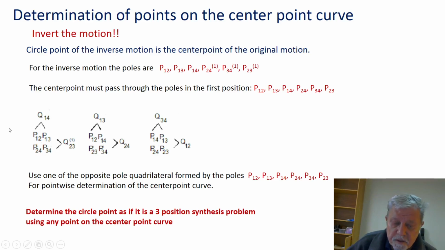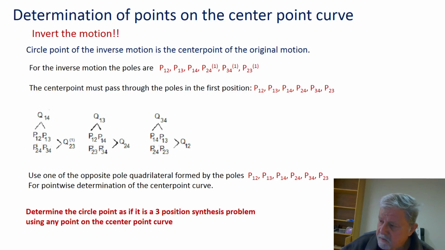The Q points will be the intersection of the opposite poles of the pole quadrilaterals, not the image. You don't use the image in this case, you use the original locations. Use one of the opposite pole quadrilaterals formed for pointwise determination of the center point this time.